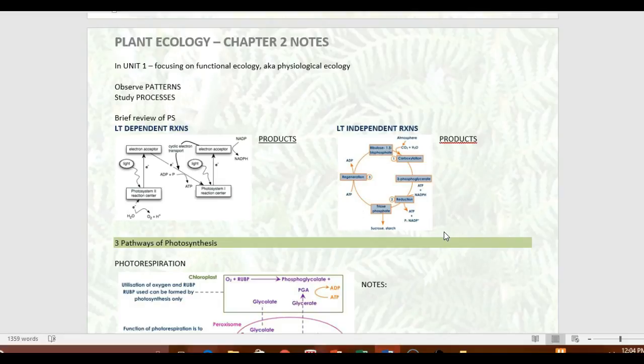Following along, see that? So there's our equation. I don't care about it being balanced. We bring CO2 in here. We split water there, and we do that so that we can replenish the missing electrons here that disappeared over here. If the electron ends up over here in NADPH, we have to give it back to the photosystem so that we can continue the process. Otherwise, we're going to run out of gas.